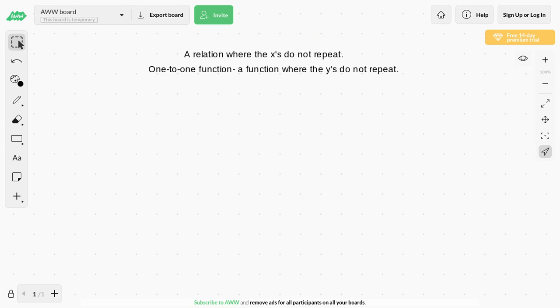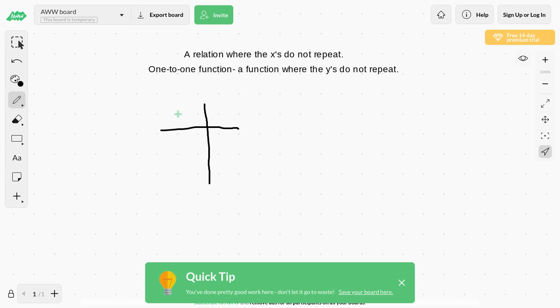So people may ask you, your teacher may ask you, is this a function? And then they'll draw a table. And they have their x and the y.